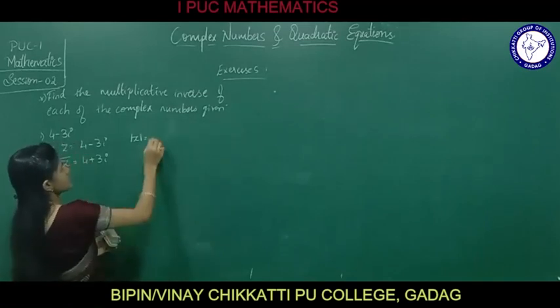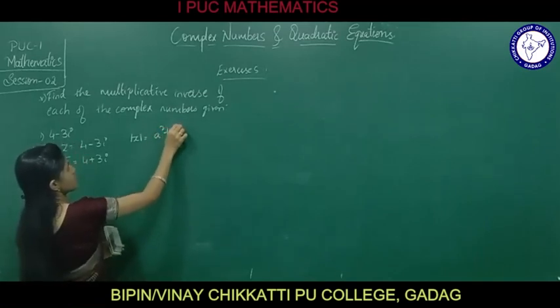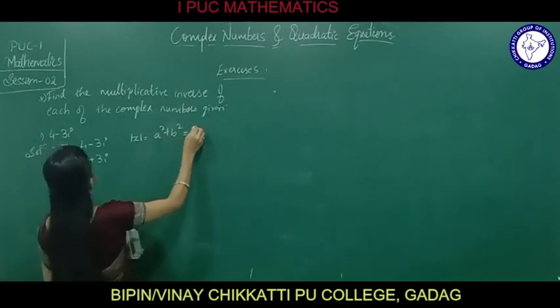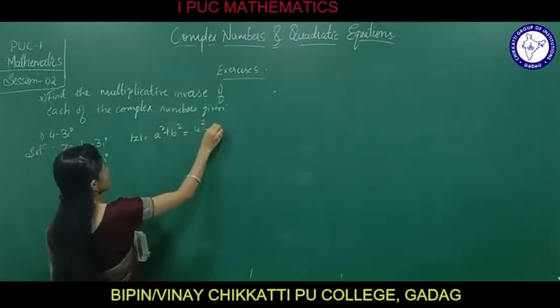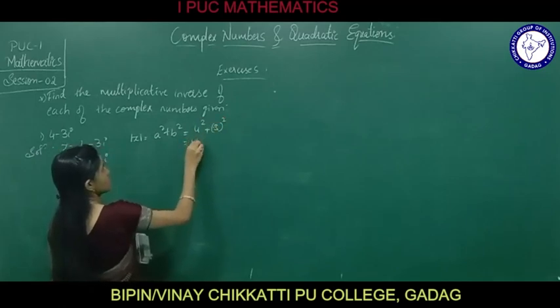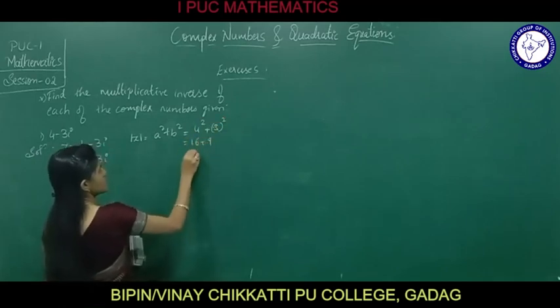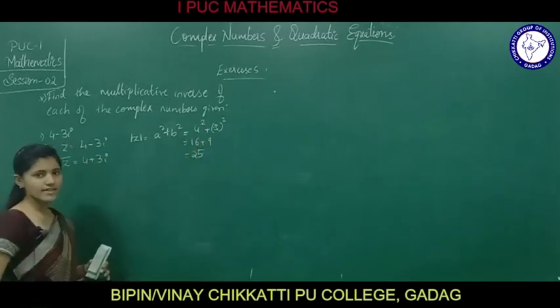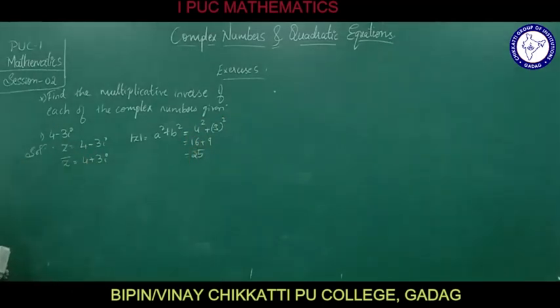It is just root of a square plus b square, nothing but 4 square plus 3 square, 16 plus 9, its value is 25.